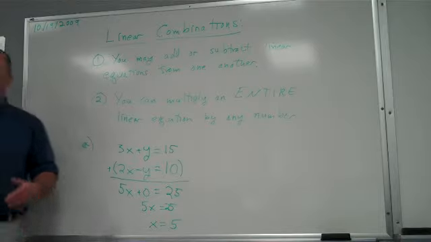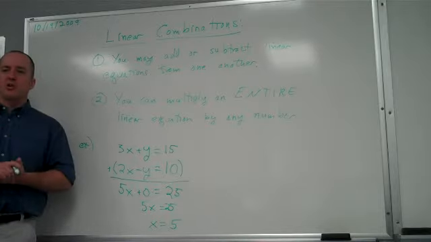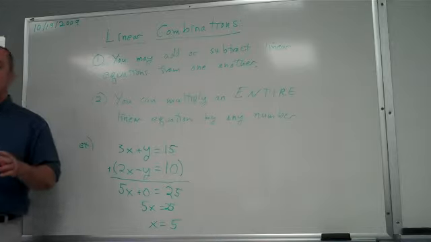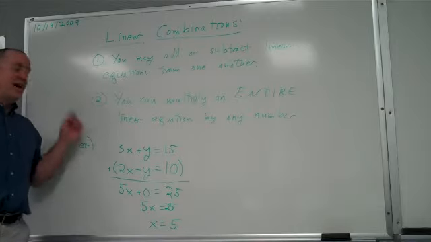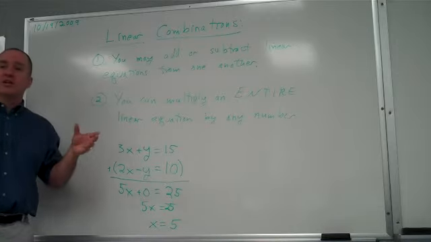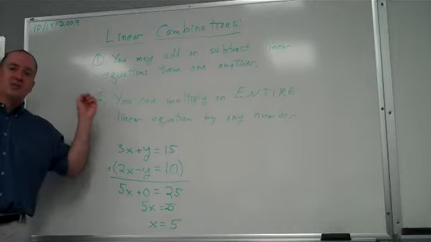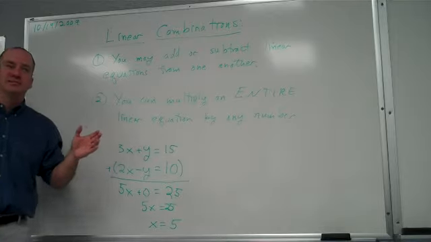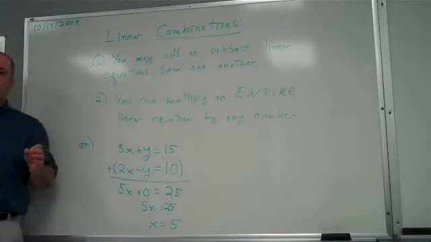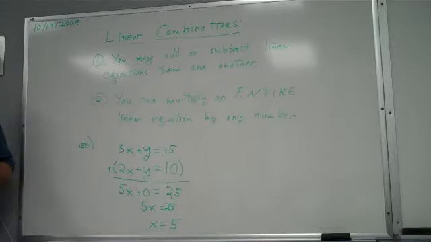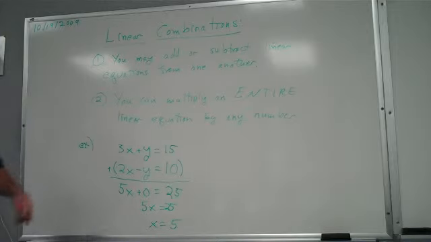That's going to be one of those cases where you're going to get parallel or coincident when the variables disappear. So yeah, they would just go away. If you wind up with y minus y in a substitution, and all you have left are numbers, that's a case we talked about last week. If you get like 5 equals 5, you have coincident lines. If you have like 5 equals 12, you have parallel. We're going to do an example of that.